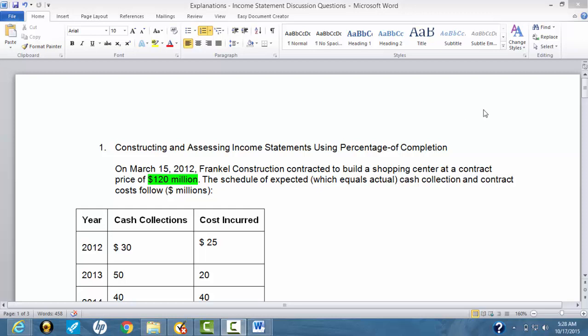On March 15, 2012, Frankel Construction contracted to build a shopping center at a contract price of $120 million. First point, the contract price represents the total revenues to be received by Frankel Construction.